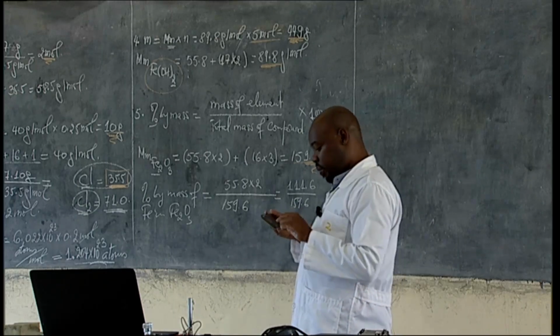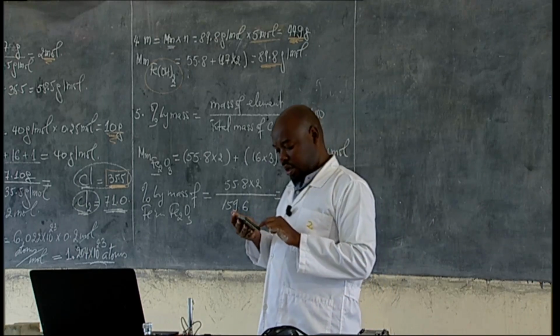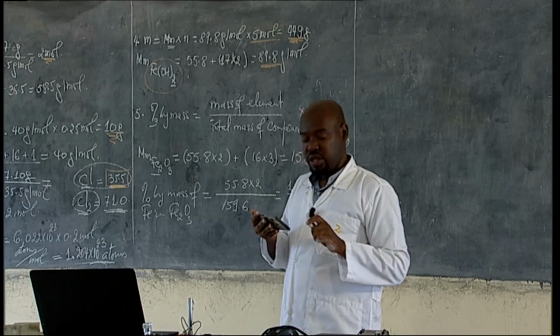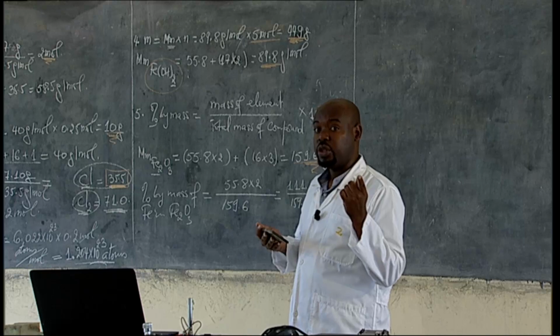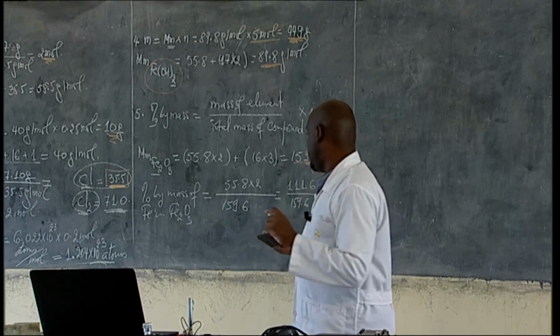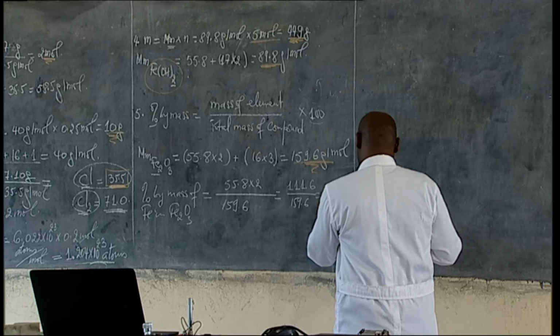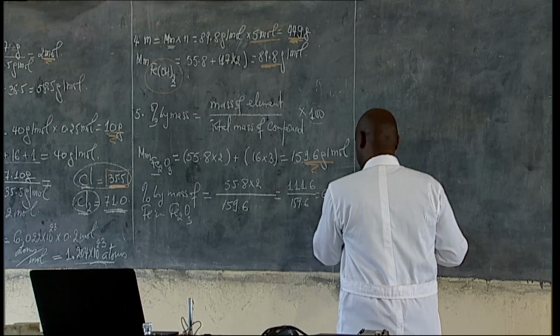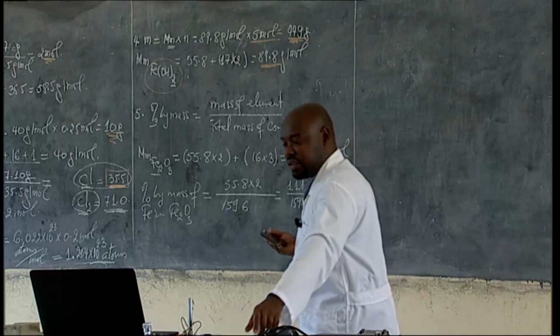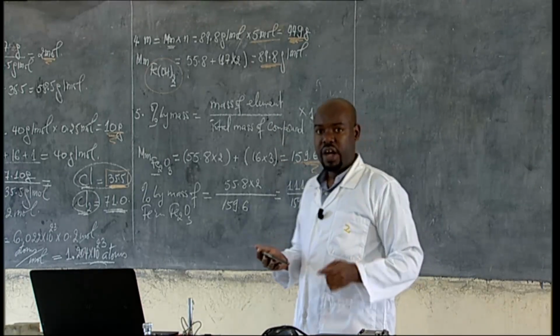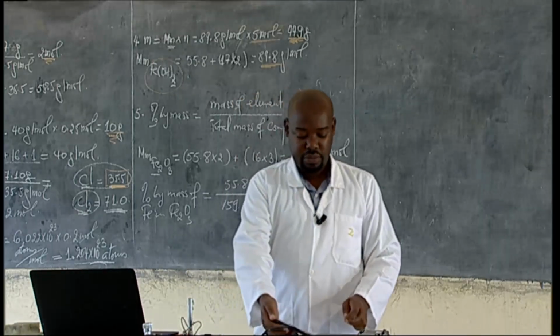We divide to get 69.92, and if we multiply with 100, then we get 69.92%, and that is the answer. The percentage of iron in that compound.